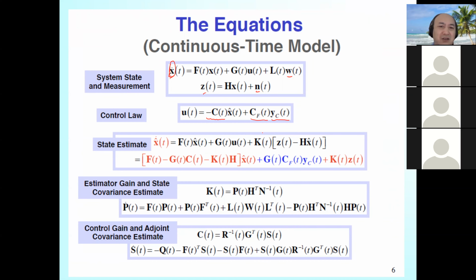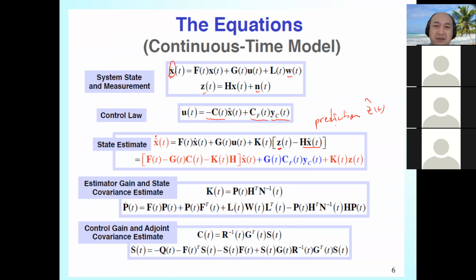So now let's do this. It looks very similar to the observer. So this is X hat dot. You copy this one here, copy this one here. But now you are going to have Z, the measured one. This is called prediction. It's also called Z hat.